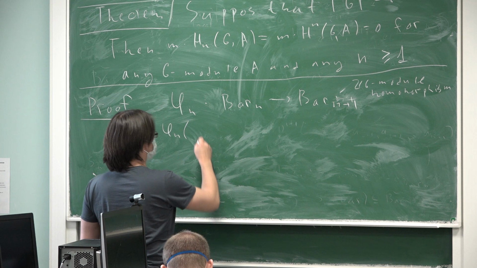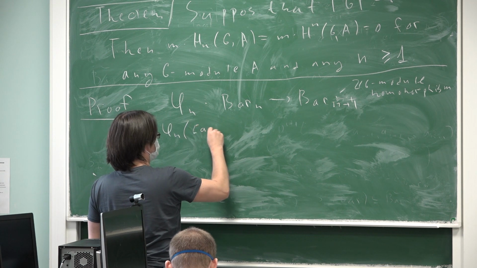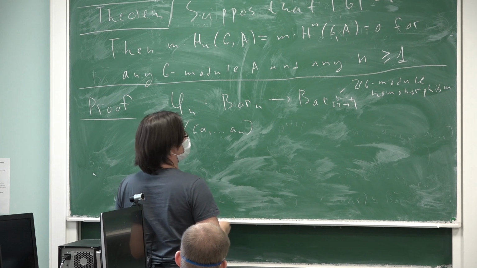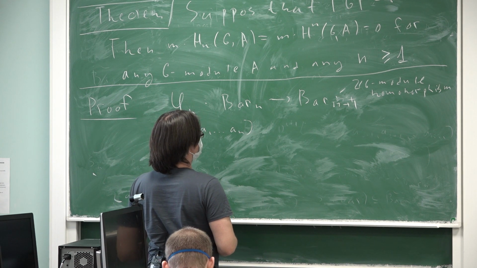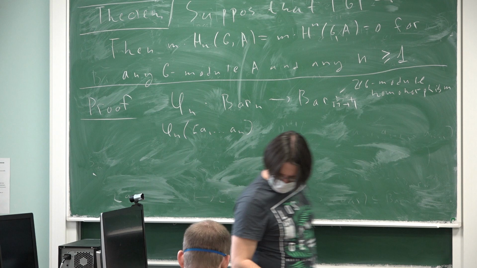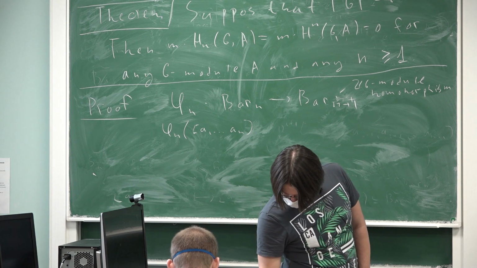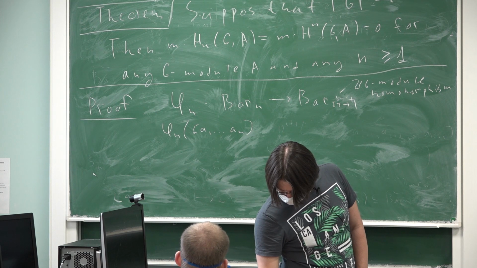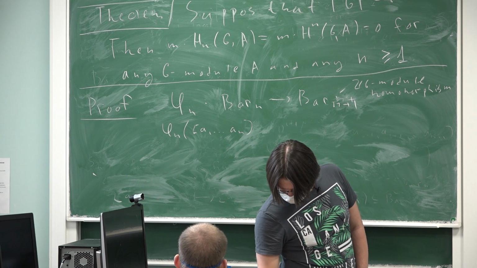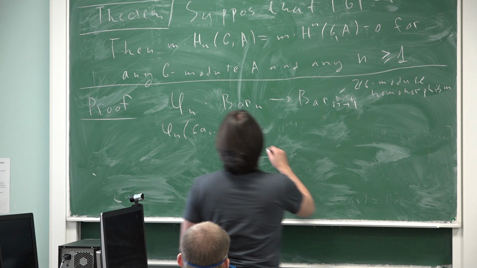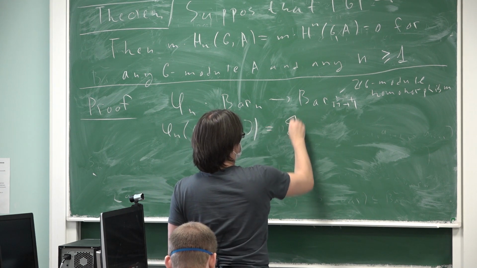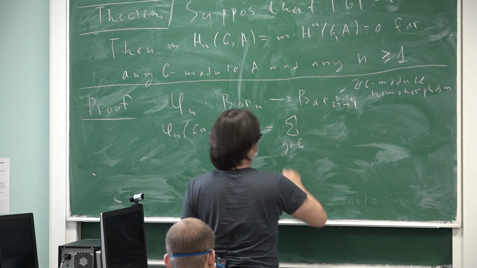Phi n of a1, so on, an is the sum for all g from G of g, a1, so on, an.